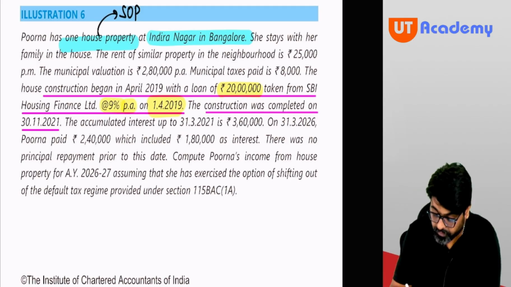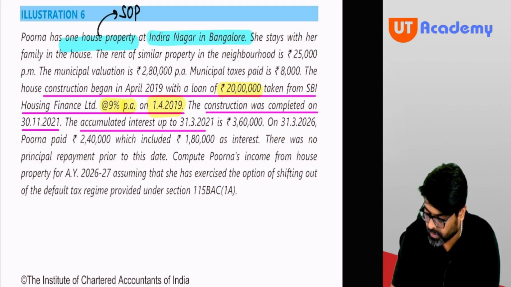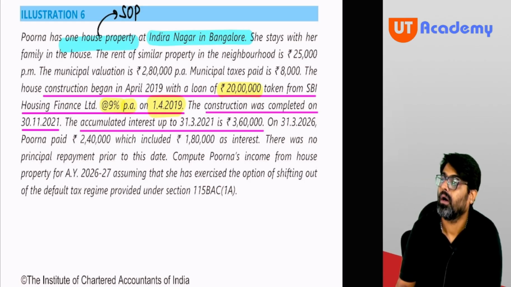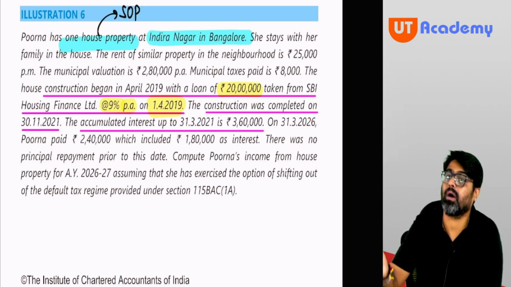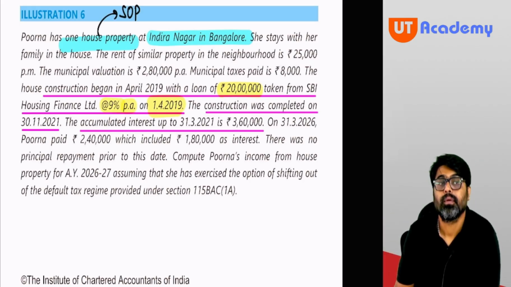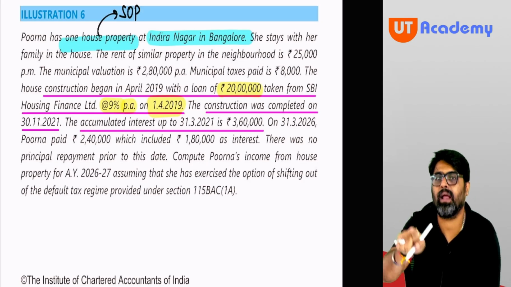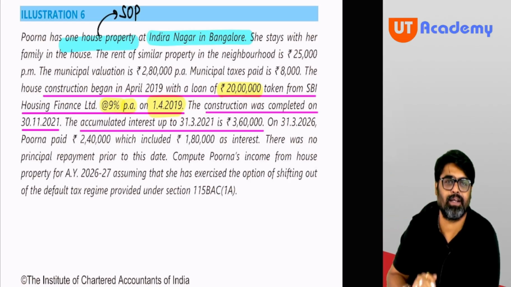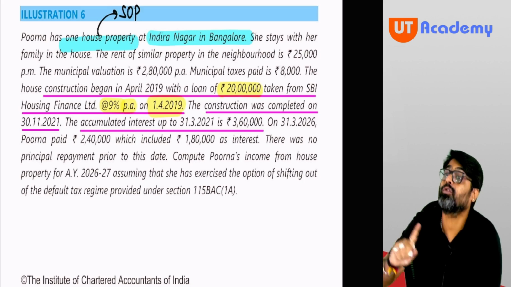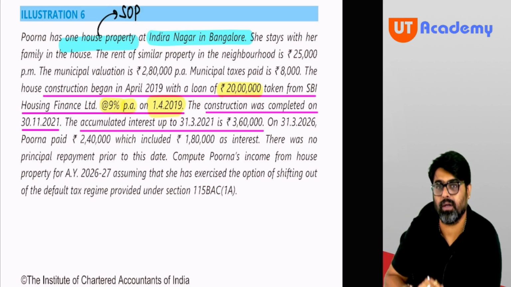Now see, the accumulated interest up to 31st March 2021. You should thank your examiner that he has himself calculated the pre-construction interest. If he would not have calculated this, it was you who was required to calculate.